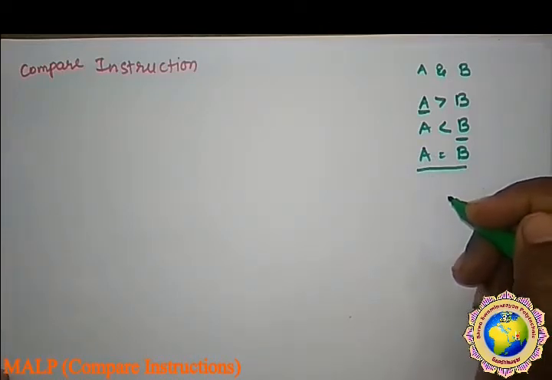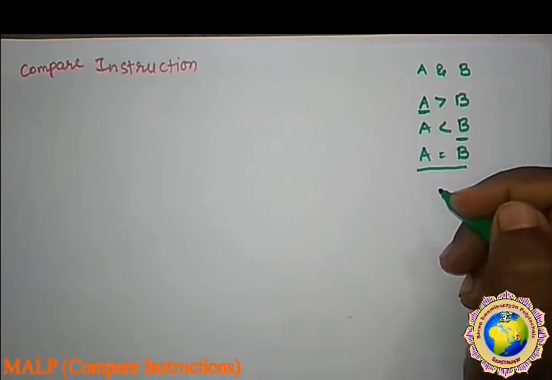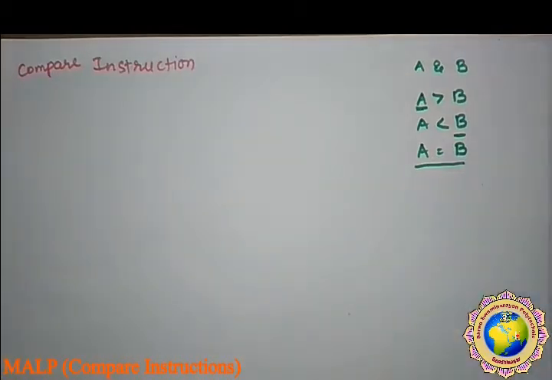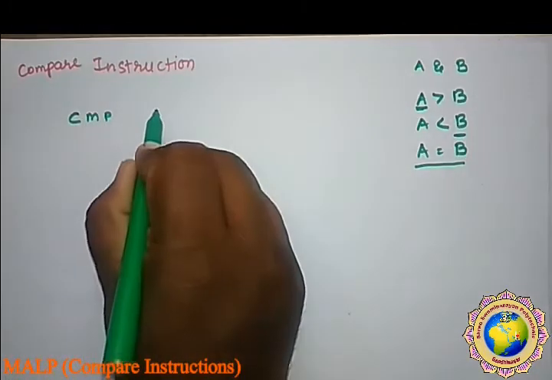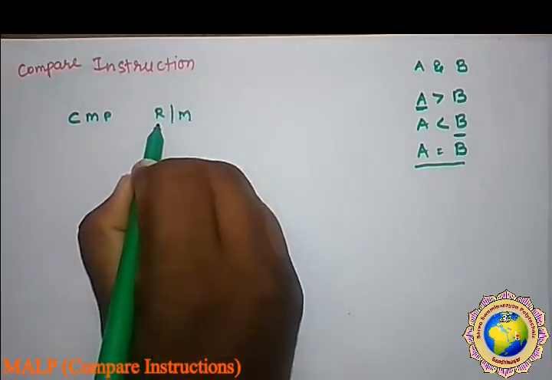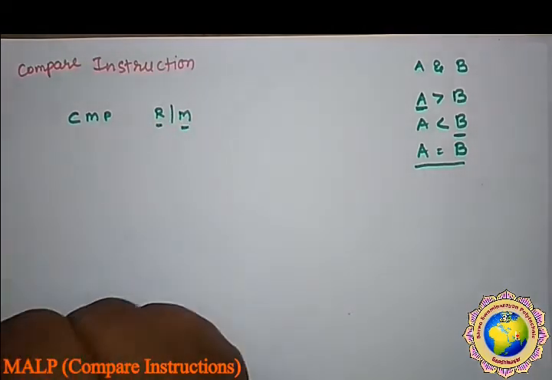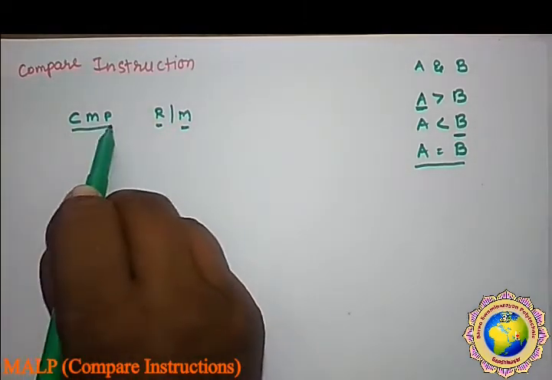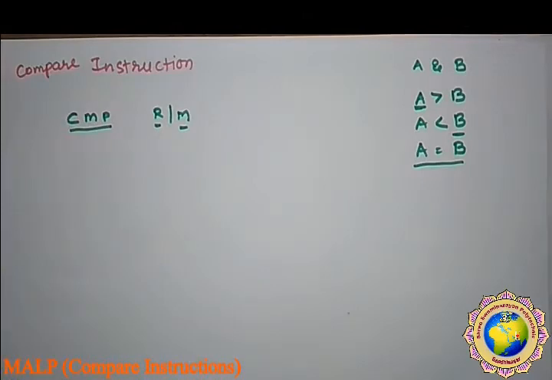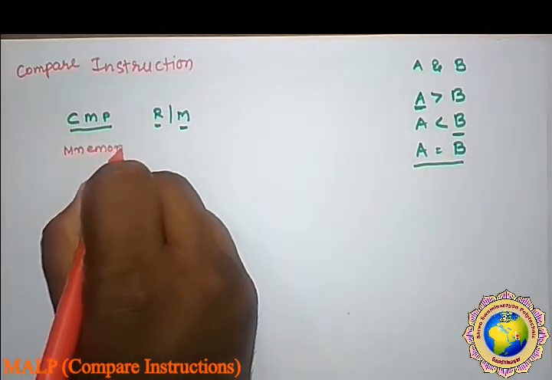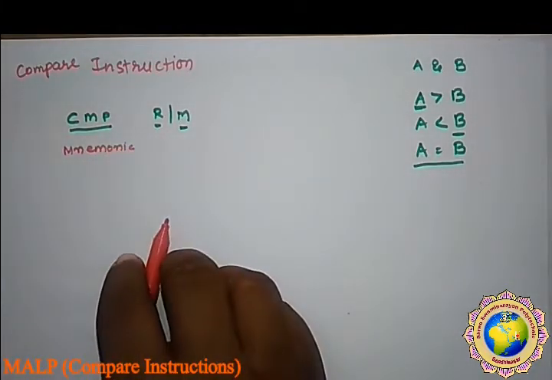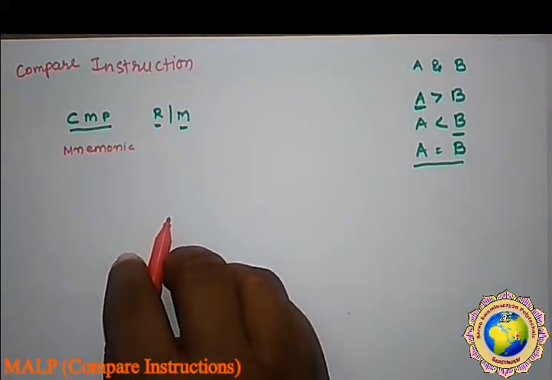For comparison in the 8085 there are two instructions we can use. The first mnemonic is CMP R or M. Here R is the register, M is the memory register, and CMP is the mnemonic for the compare instruction. This is used for the comparison of two data.